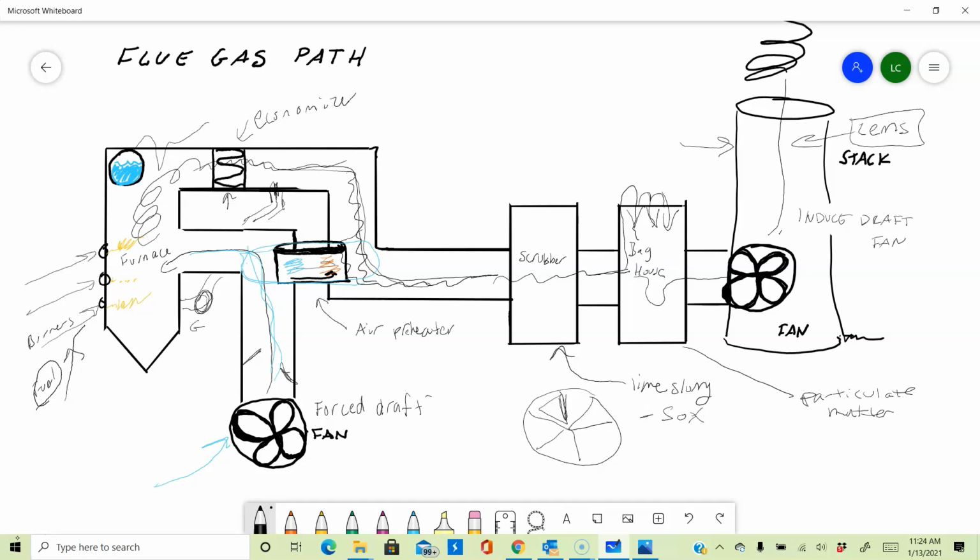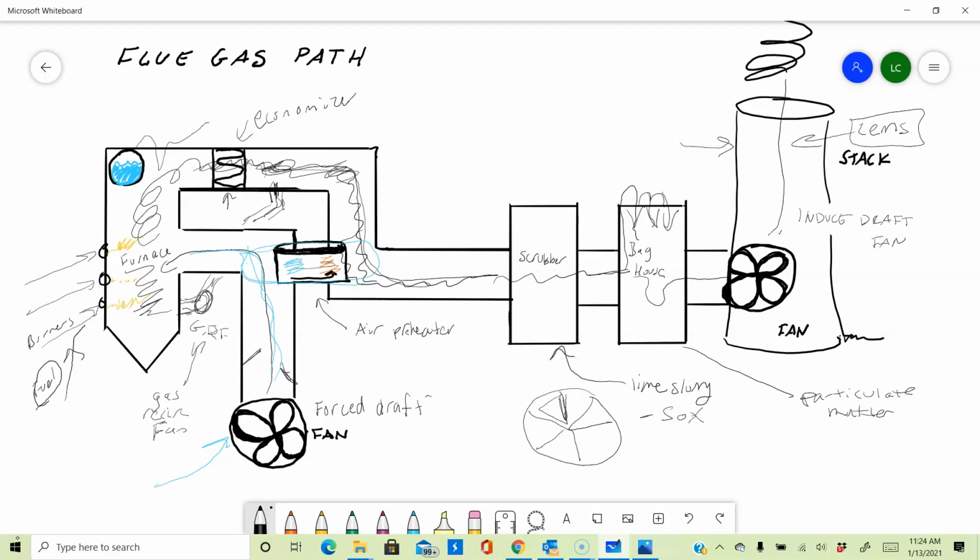And in a plant, it might be called the GRF fan, or your gas recirc fan. And those fans basically will take some of the ash and stuff that is coming through your stack, your flue gas path, and re-inject it to be burned in your furnace. So those are pretty cool. So that's what a gas recirc fan is.